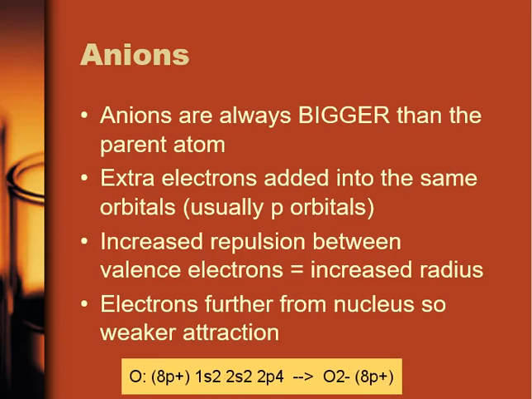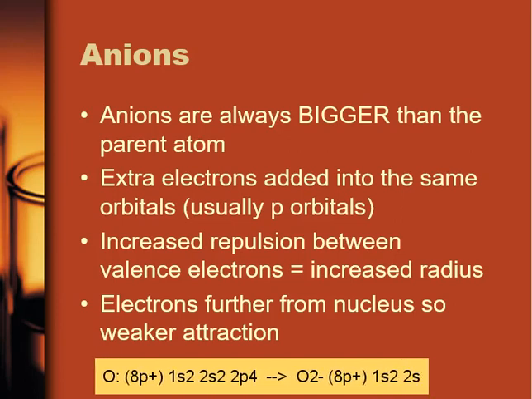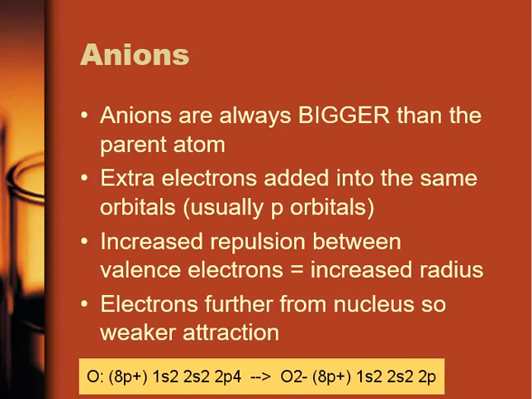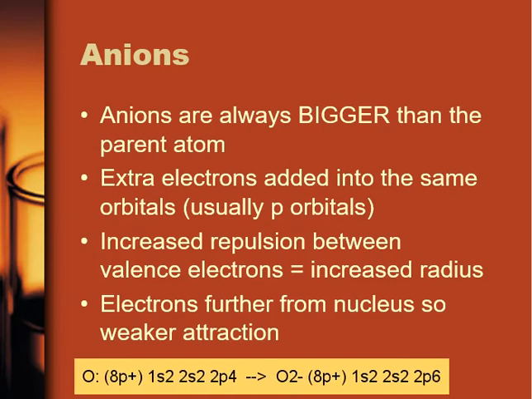The stuff that you learned in year 10 and 11 hasn't changed at all. Its electron configuration has now become 1s2, 2s2, 2p6, because those 2 extra electrons that it's gained have gone into those partially filled p orbitals. So the electrons are still in the same orbital, but now you've got 6 electrons in that p orbital instead of 4. They're going to have greater repulsion, they're going to push each other further away, and therefore the attraction between the valence electrons and the nucleus is going to be weakened, and it's going to have a larger radius.